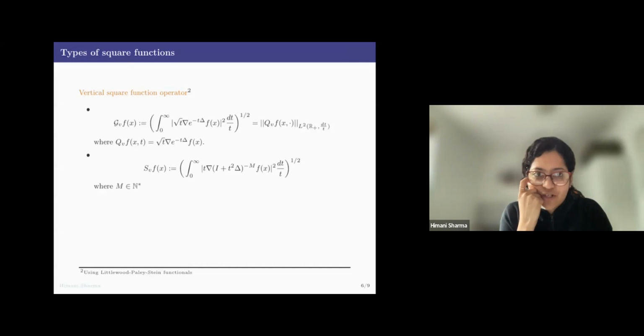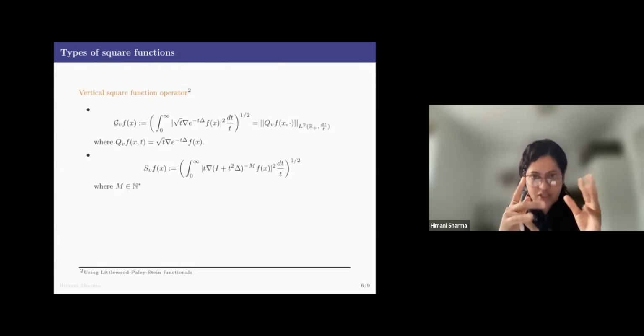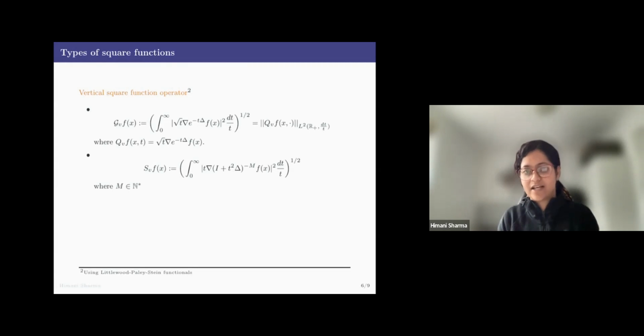In both these cases, it can be seen that we have a square function in terms of the semigroup as well as in terms of the resolvent. I would say that these two are kind of equivalent, but that is not always true.